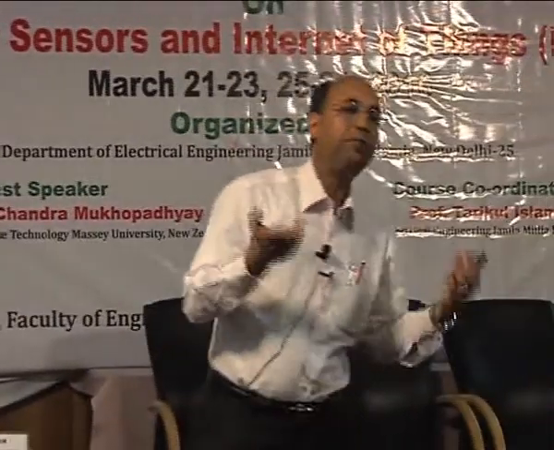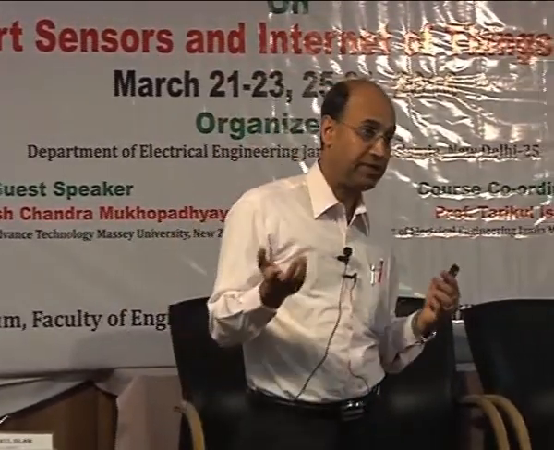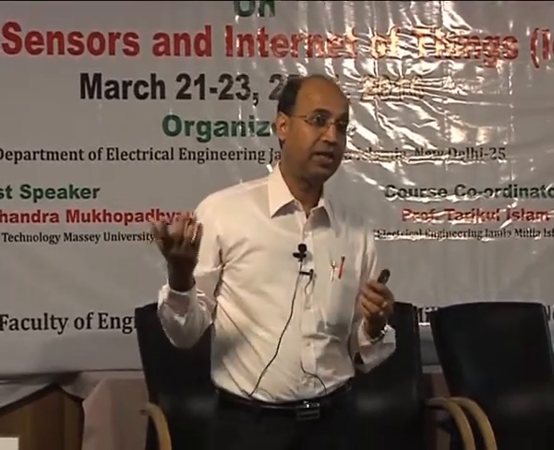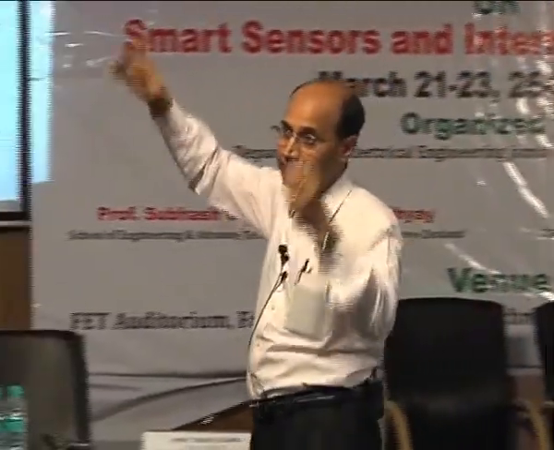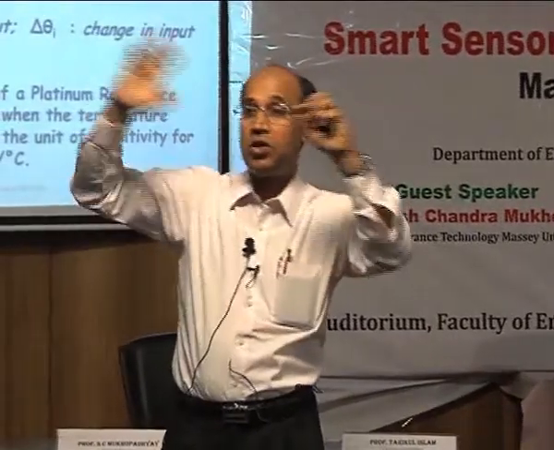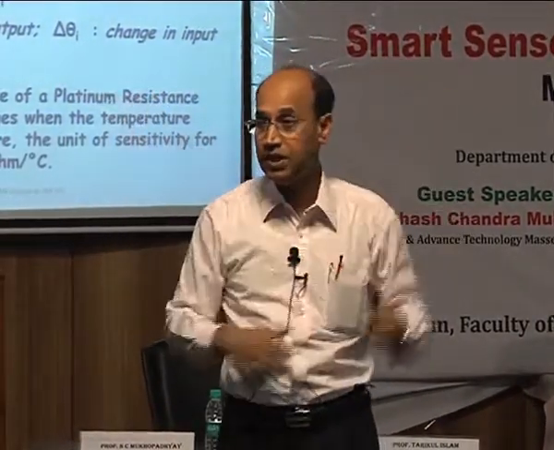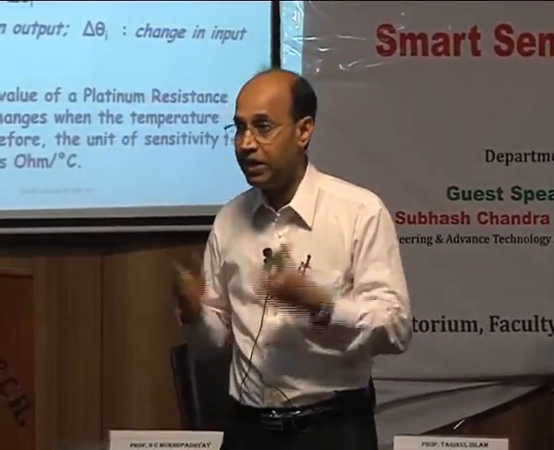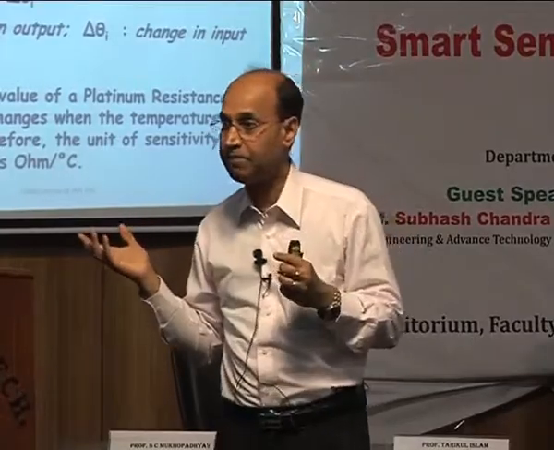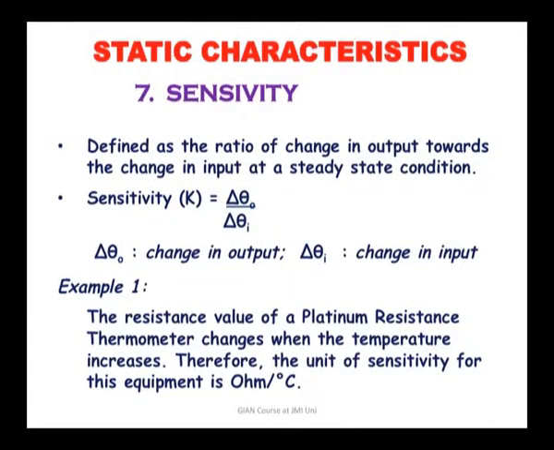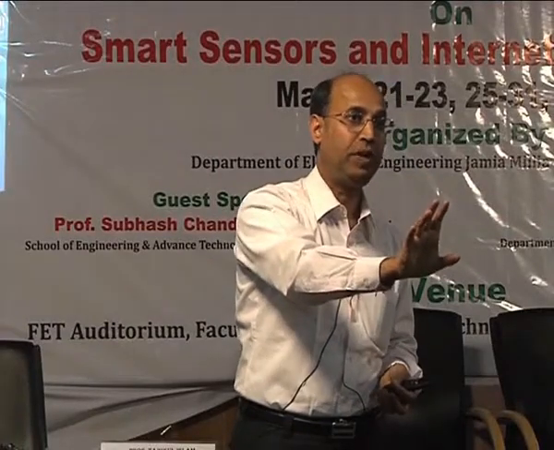Clear? Now many people define it in different ways. And sometimes if you have something in your mind and you do not want to listen to what the author or others are telling, you may end up with a different idea. But usually sensitivity means: due to the change of the input parameter, what is the change of the output parameter?